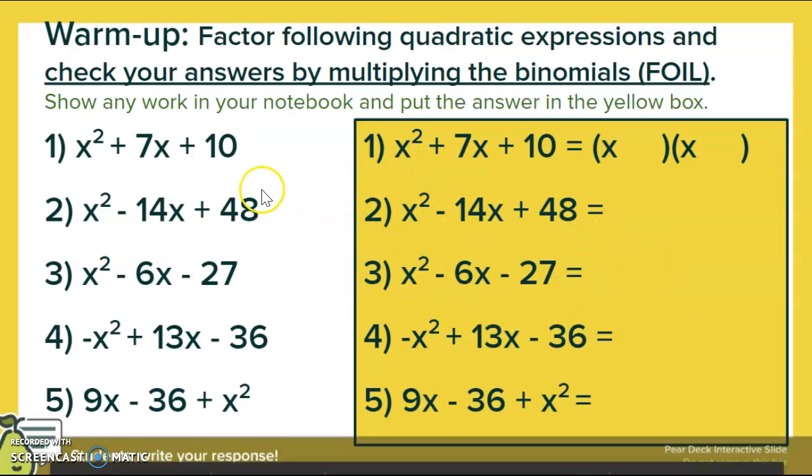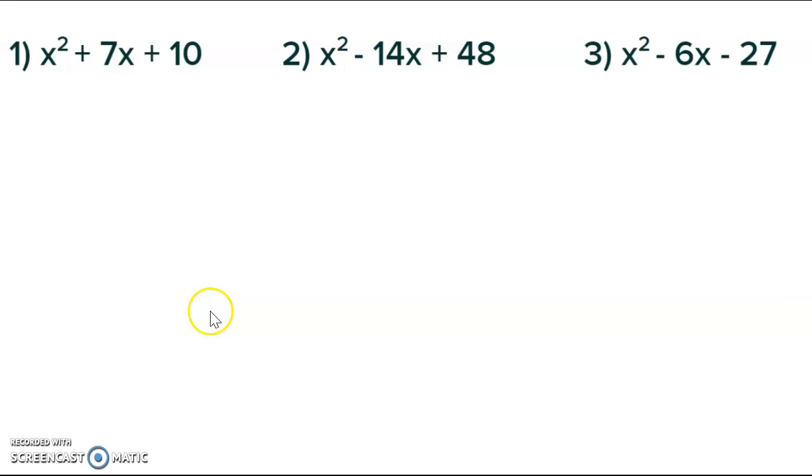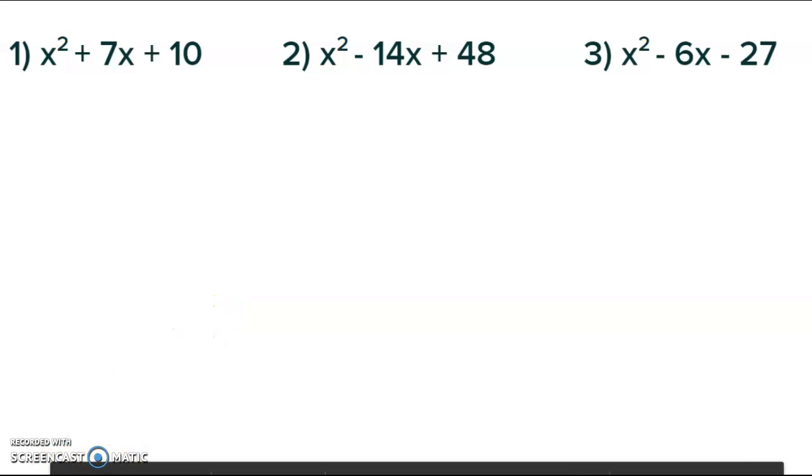Please pause the video and see if you can factor x squared plus 7x plus 10 as x plus or minus something multiplied by x plus or minus something. These were the last topics that we learned before the winter break. Please pause the video and see if you can solve them yourself. All right, so let me go over the answers now.